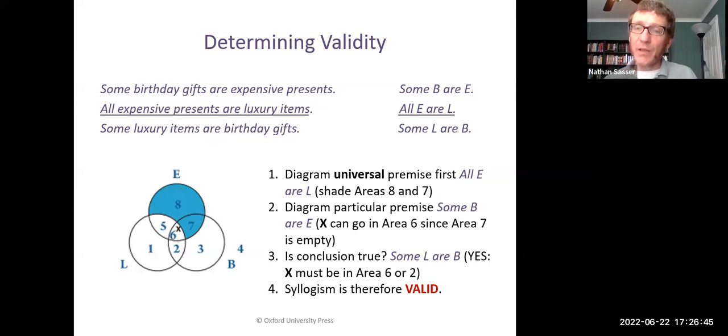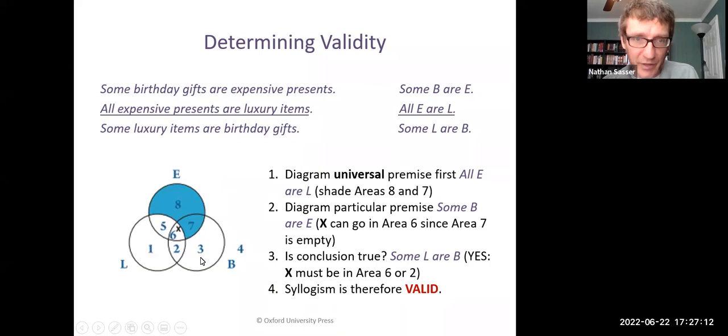Now, when you have a syllogism that has a particular premise and a universal premise, you can actually make your life easier by diagramming the universal premise first. Imagine if we diagrammed the minor premise first. And first, we shaded 8 and 7. And then we'd gone to the particular premise and said, well, some of the birthday presents are expensive presents.